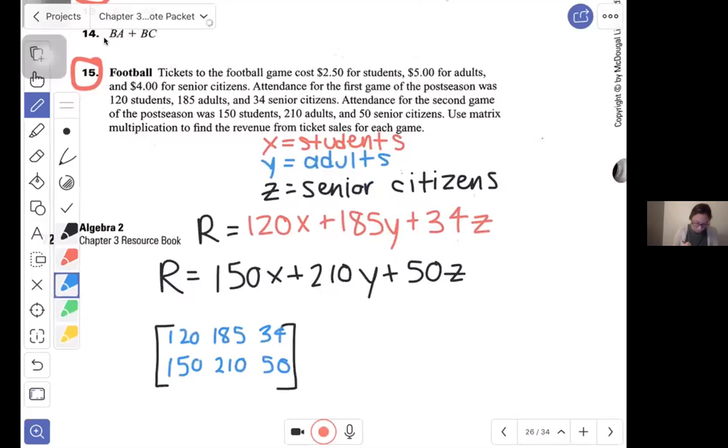Awesome. And what did these numbers represent again? What were they talking about? Is it the cost of a ticket? Is it attendance? Didn't those numbers represent the attendance? Yeah, the attendance. So this is talking about attendance.